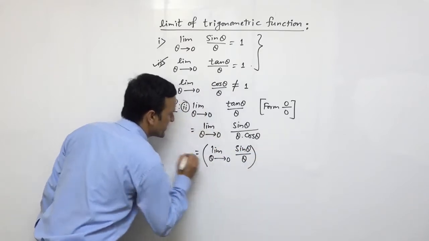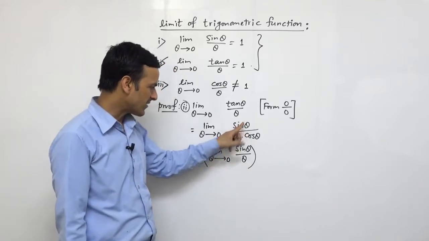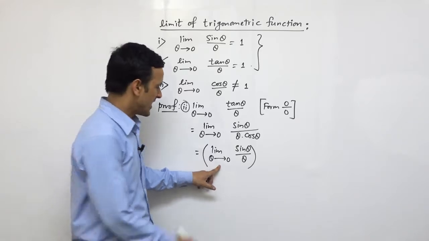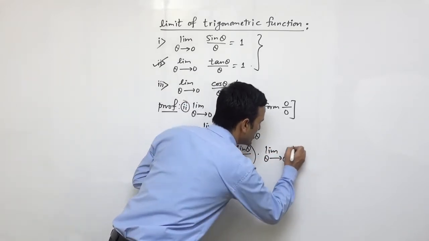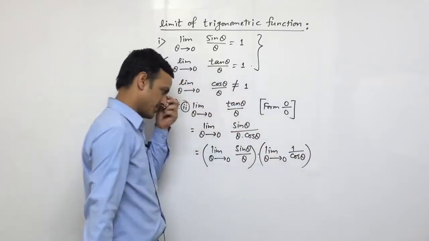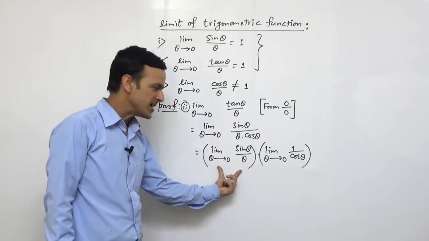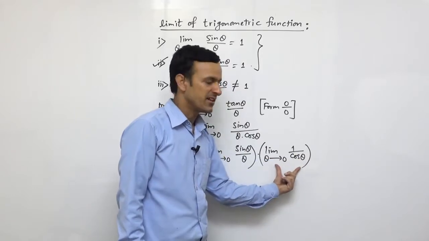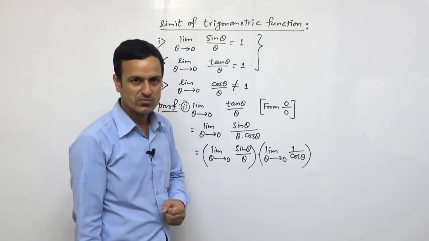So one of the results we can arrange like this. यो sin theta र theta को टर्मलाई हामी यसरी अरेन्ज गर्न सक्छौं. And अर्को रिमेनिङ टर्म हाम्रो छ limit theta tends to 0 1 upon cos theta. So this is the another term. So यहाँ sin theta र theta लाई एक ठाउँमा अरेन्ज गर्ने र 1 upon cos theta लाई अर्को ठाउँमा अरेन्ज गर्ने र यसमा हामी सेम लिमिट रिपिट गर्न सक्छौं.